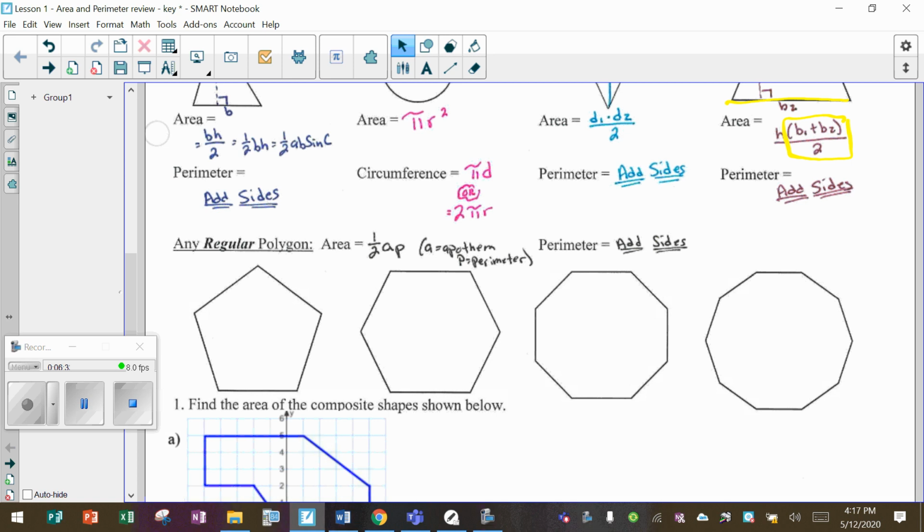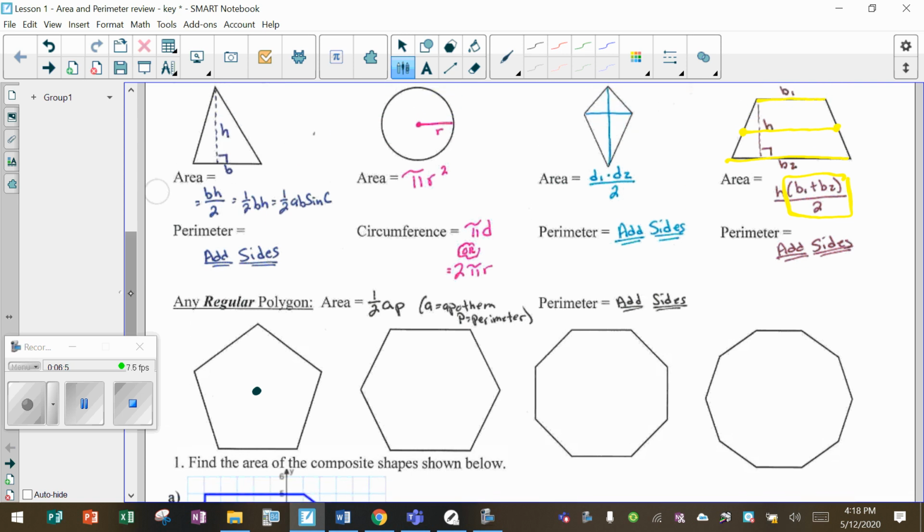This A value, the apothem, I'll show you real quick what it is, and then we'll spend more time on it later. In a circle, the radius goes from the center of the shape to the edge of the circle.